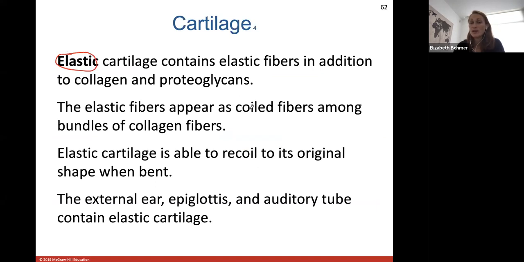They appear as coiled fibers among bundles of collagen, and they are able to recoil and bend. So places that can recoil and bend in your body, like your external ear, your epiglottis, which is a flap-like structure which covers up your trachea when you swallow food, so no food goes into your windpipe, as well as the auditory tube contain elastic cartilage. And those are the three types of cartilage.